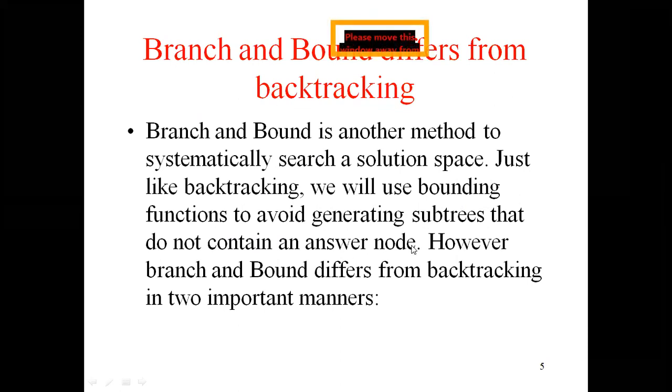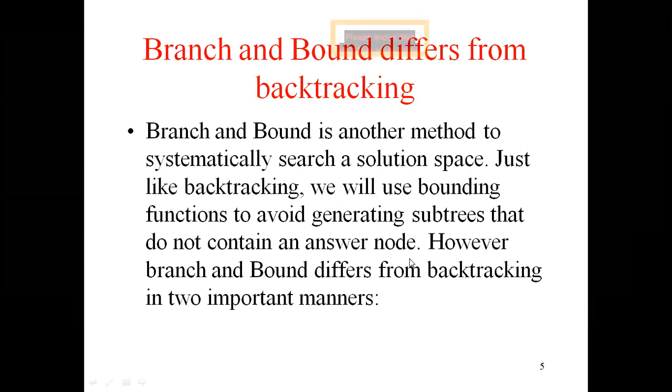So we are using the bounding functions. These bounding functions, the concept is already explained in backtracking. In the backtracking technique, we are using the bounding functions. In the same way, in branch and bound also, we are using the bounding functions to avoid generating subtrees that don't contain an answer node.